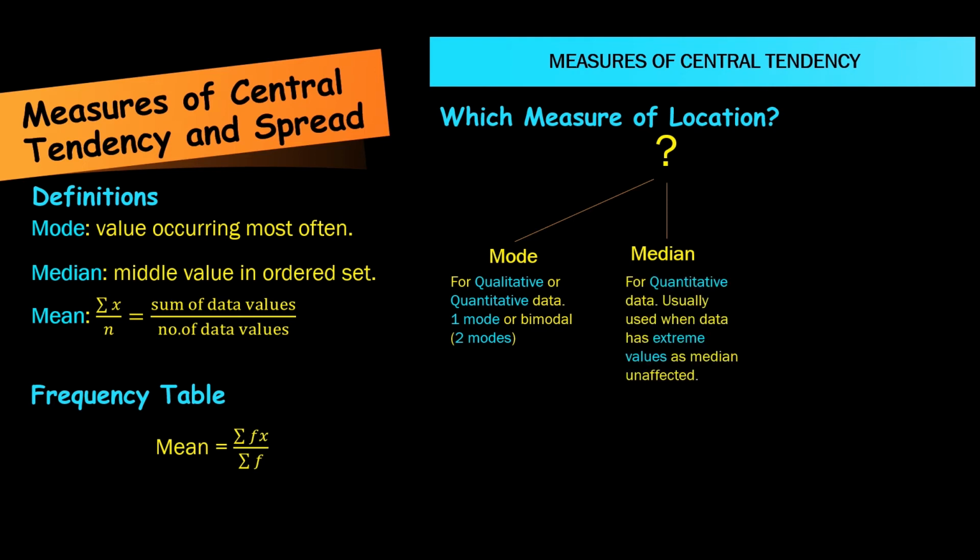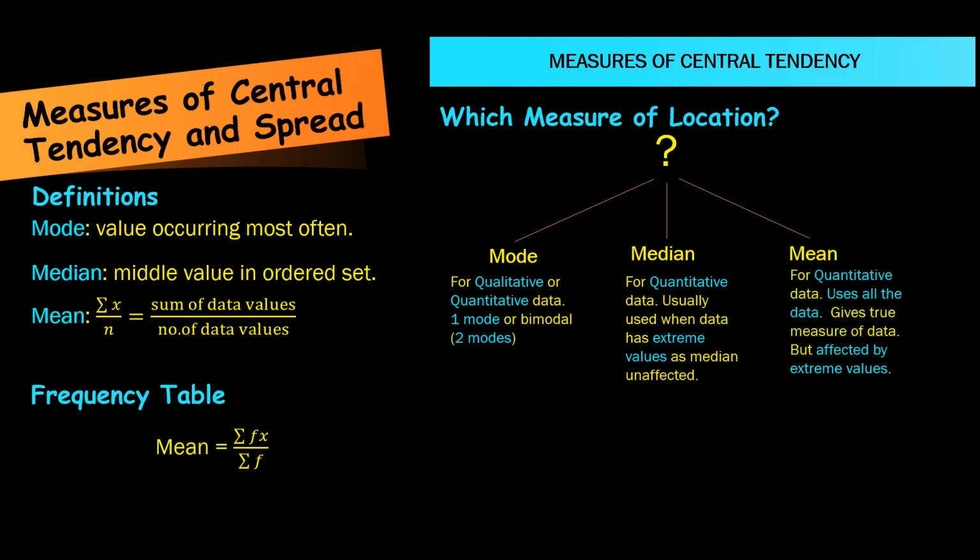We use the median for quantitative data, and it is usually used when data has extreme values, as the median is unaffected by them. And we use the mean for quantitative data. It uses all the data and gives the true measure of the data. However, it is affected by extreme values.